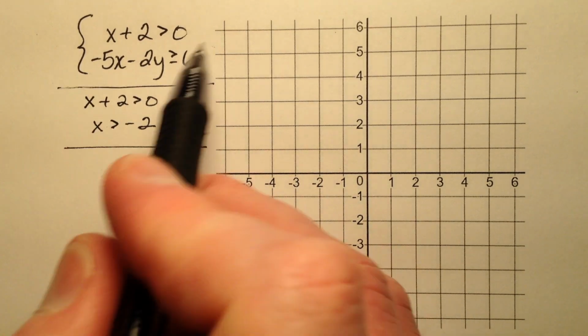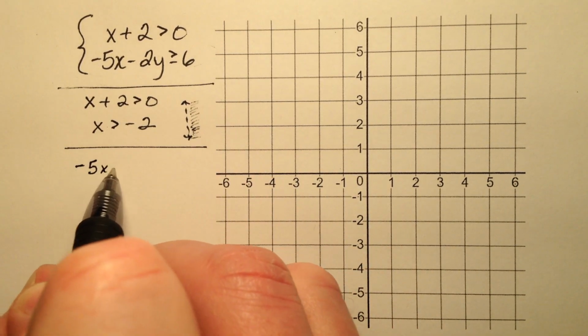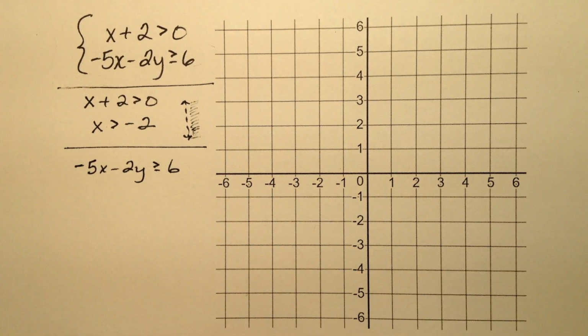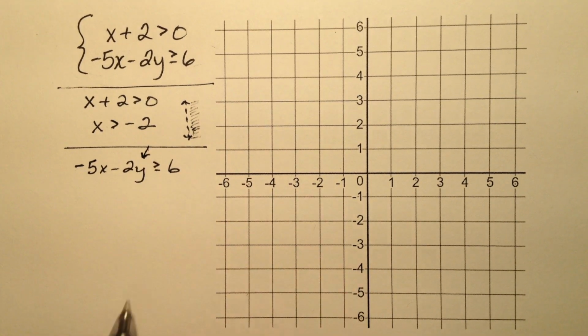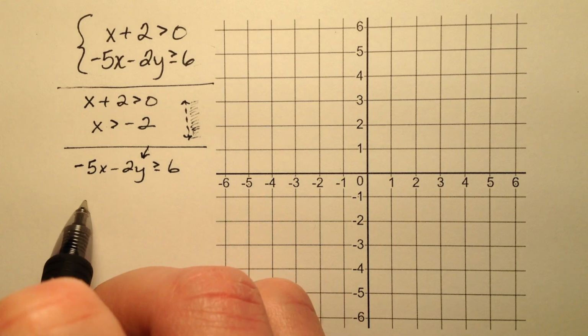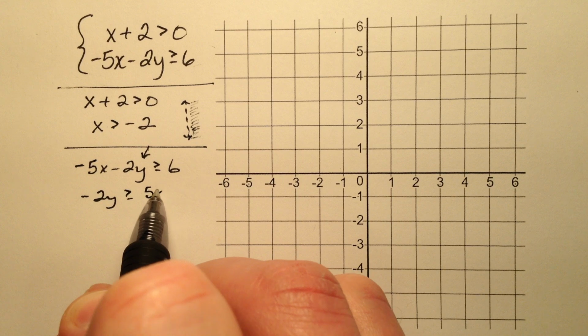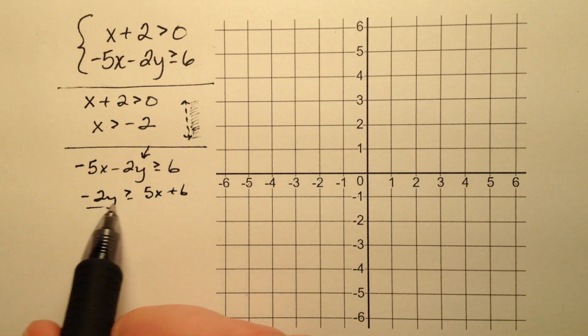Okay. The second line is -5x minus 2y is greater than or equal to 6. So the first thing I want to do is go ahead and solve for y, so I can put this thing in slope-intercept form. So 5x plus 6.